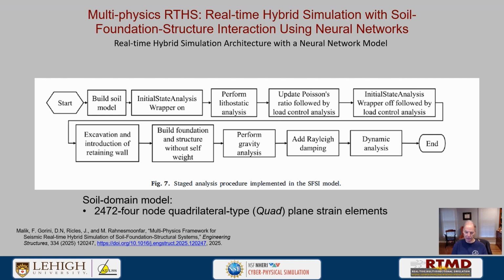And then we induce the self weight through gravity load analysis. So now we have the overburden pressure, the weight of the structure, and the foundation has been built. It's like we've excavated the soil in the real world. We then add the Rayleigh damping to the system and perform the dynamic analysis. And in doing so, this generates the training data for the neural network that will be used subsequently to train the neural network in Python.